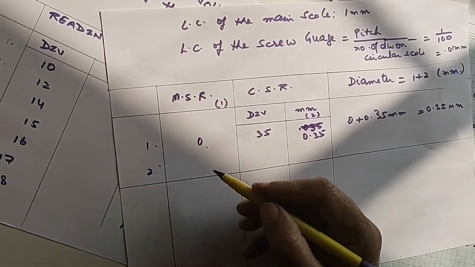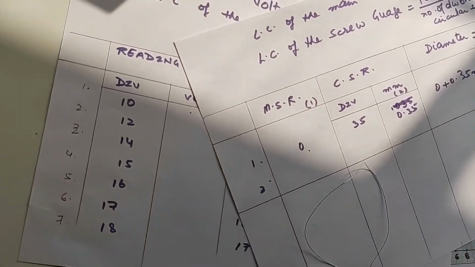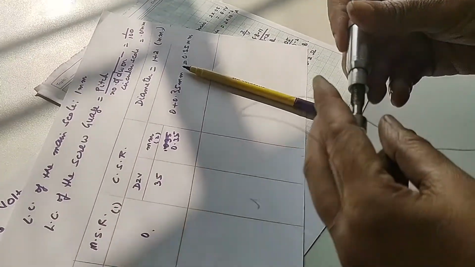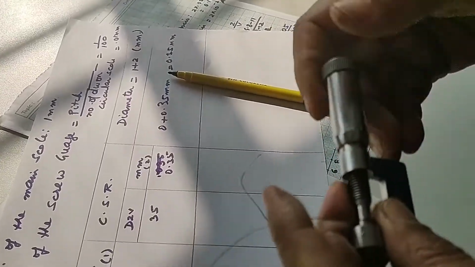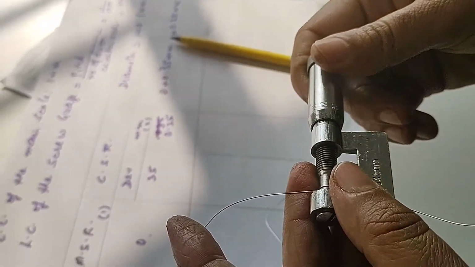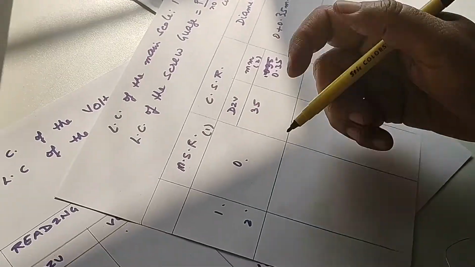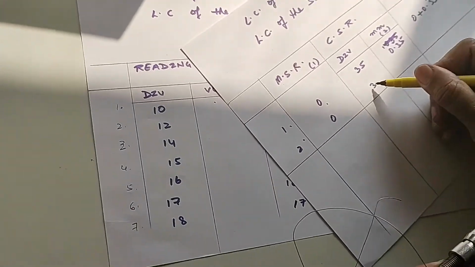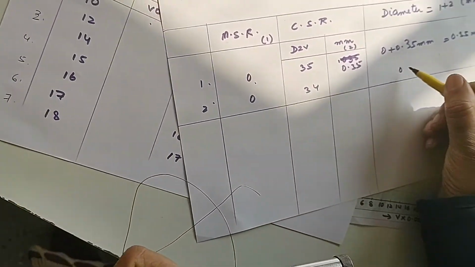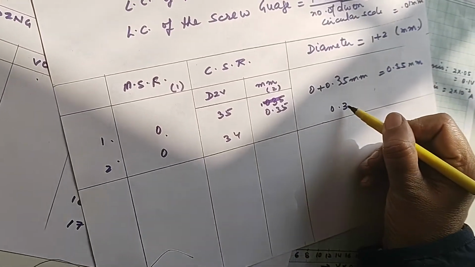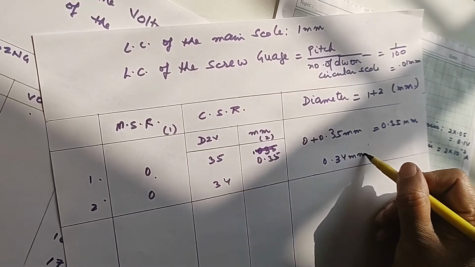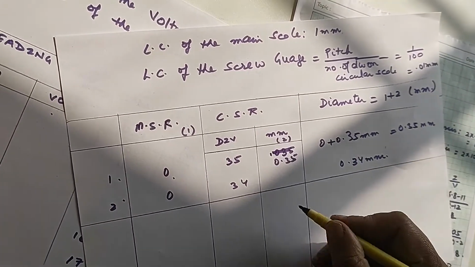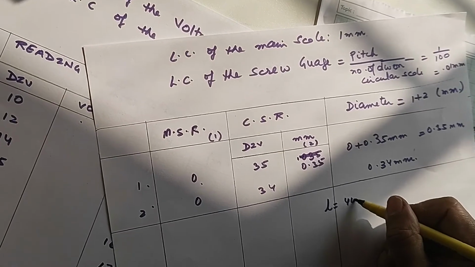Like this you will take the second reading, you can take it at another position, right? By taking the diameter at another position, say now I'm getting the reading to be 0 and 34. So my diameter will be 0.34 mm. Like this I have taken the two observations and my length is 40 centimeter, right?